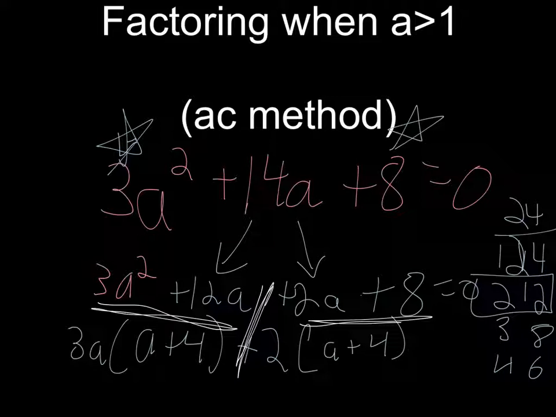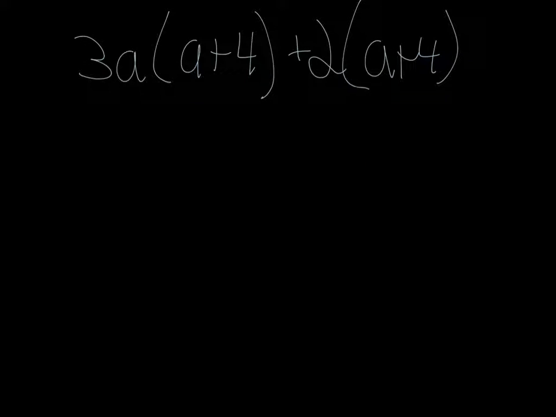Then you must factor out a GCF. So now I have 3a times (a plus 4) plus 2 times (a plus 4), because my GCF of 3a squared plus 12a is 3a, and my GCF of 2a plus 8 is 2. The final step when solving your polynomial is to take this term and make it its own bubble.